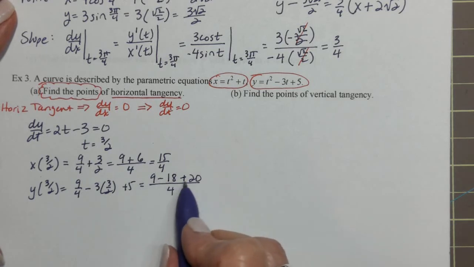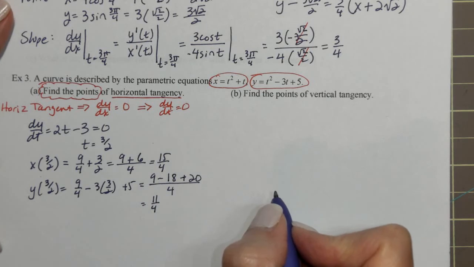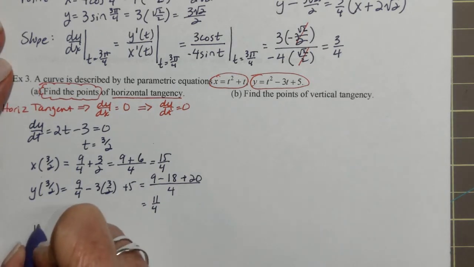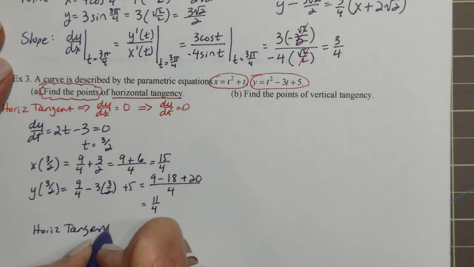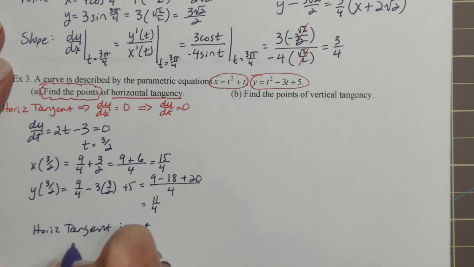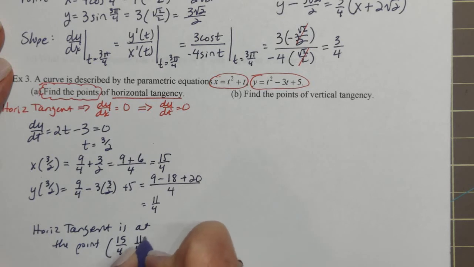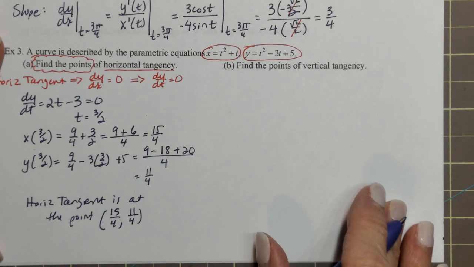So let's see, we have positive 2 plus 9 is 11/4, so the y-coordinate is 11/4. So the horizontal tangent is at the point 15/4, 11/4. So at the end of your problem, write your answer. Okay?